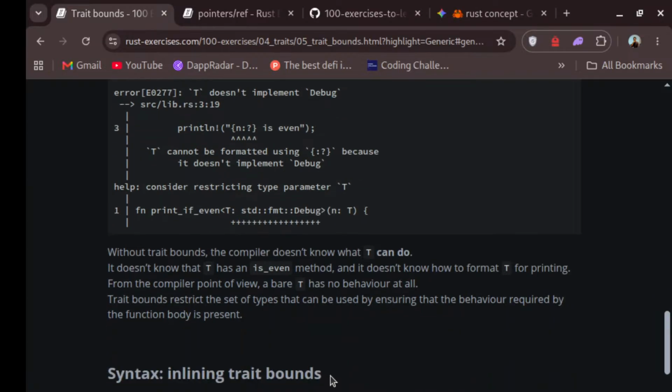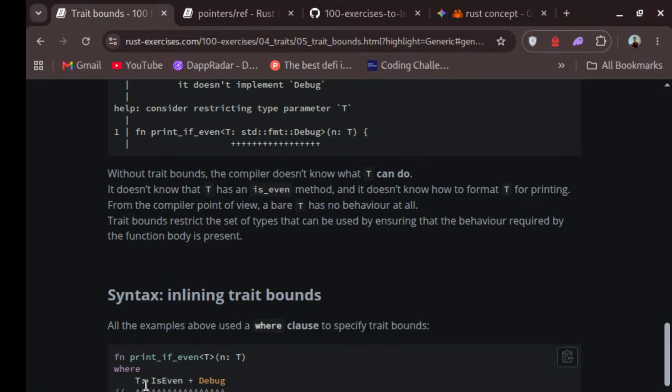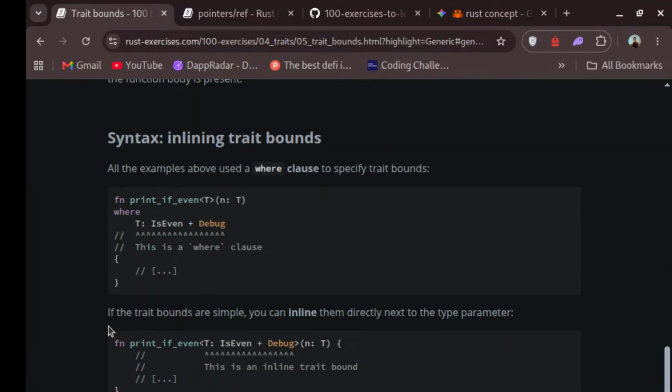Syntax: inline trait bound. Inline trait bound means when we implement that, we just add it next to the parameter. If the trait bounds are simple, you can inline them directly next to the parameter.